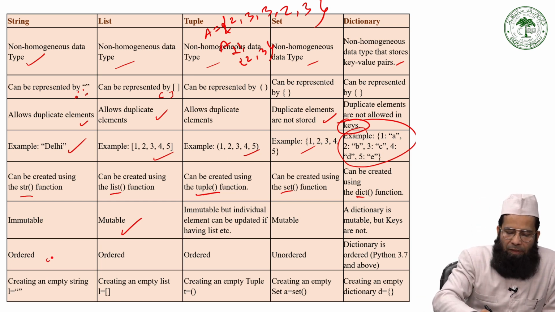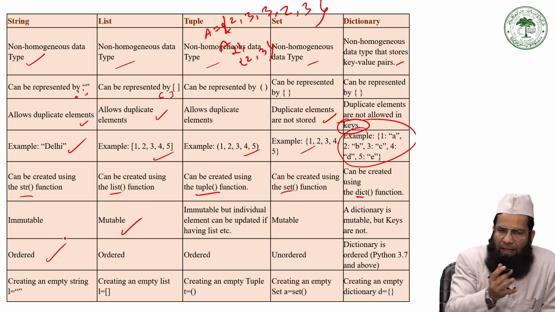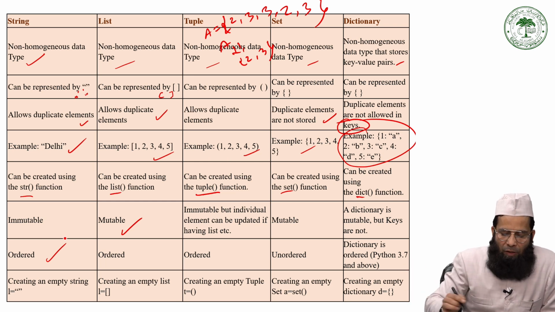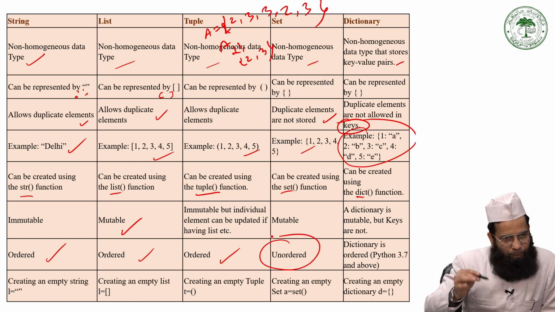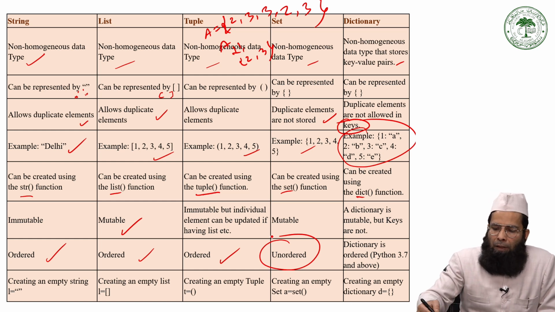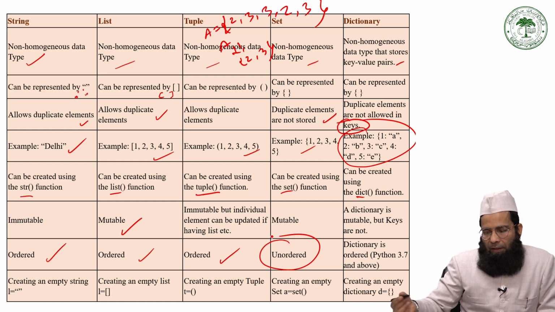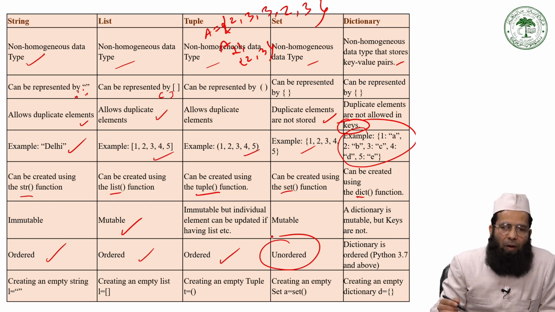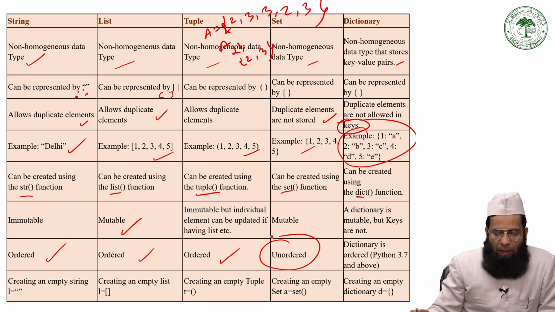String is ordered. We can access it using the index operator. Similarly, list can be accessed using the index operator, so it is ordered. Tuple is also ordered, but set is unordered, right? You cannot access a set using the index operator. Dictionary is ordered in Python 3.7 and above, and before that it was unordered.